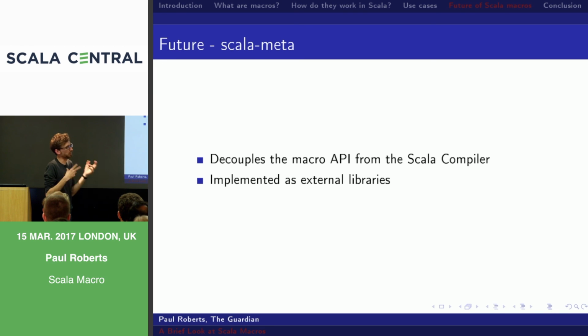It also means that you can have competing implementations of the API as well. If you don't like one, someone else might create one, or you might create one. And it also means that you can hopefully reuse some of that code for other things. For example, the Scala Meta API has been reused to create a Scala source code reformatter, which is a really nice use case for a tool that can create Scala code.